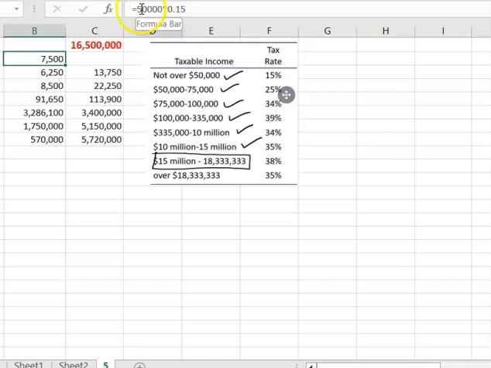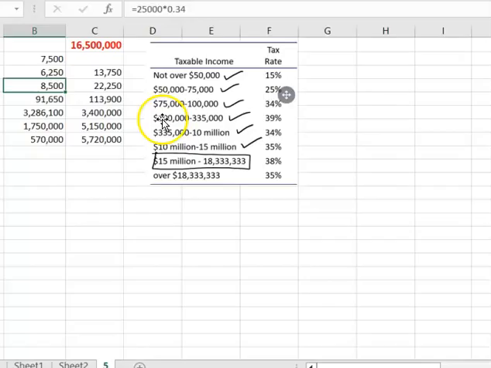7,500, as you can see, is 50,000 times 0.15, the tax based on this bracket. For this one, 25,000, as you can see here, times 25%. For the third one, 25,000 times 34%.